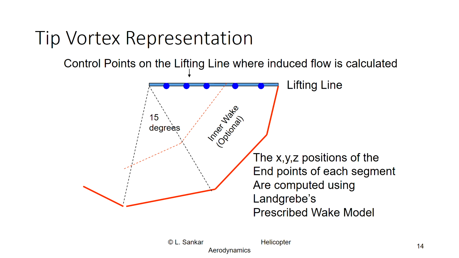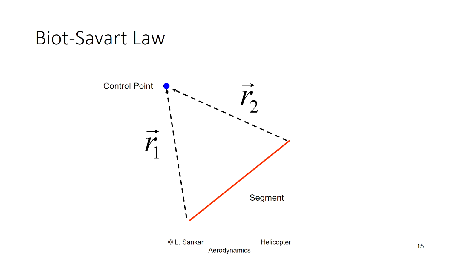So we use something called the Biot-Savart law. Let's say one of those broken line segments, this red line, is a segment of the vortex structure. Blue is the point at the center of a blade element where we are trying to compute the induced velocity. That's our control point, where we want to compute the induced velocity, lowercase v.